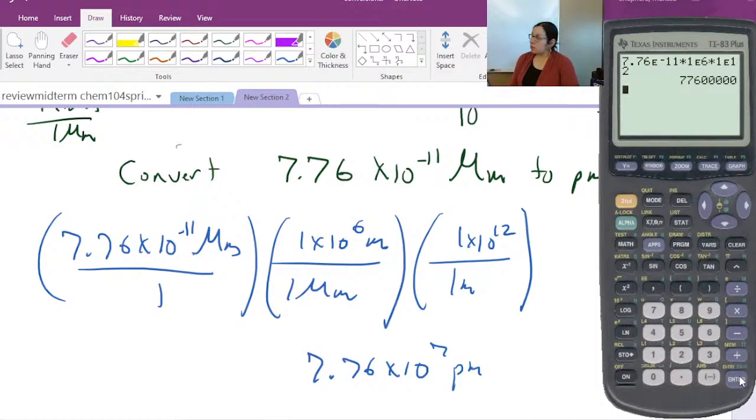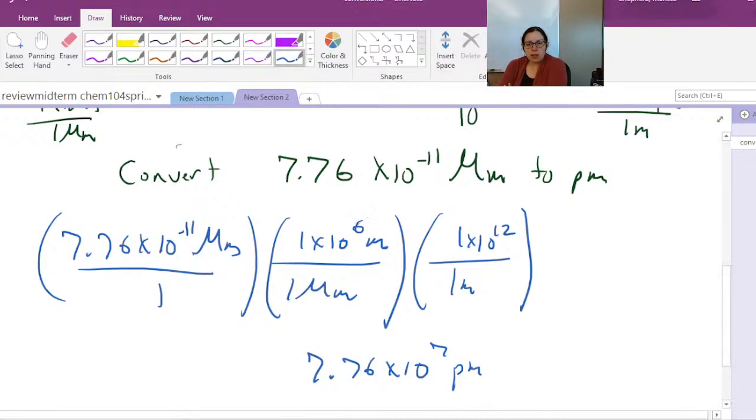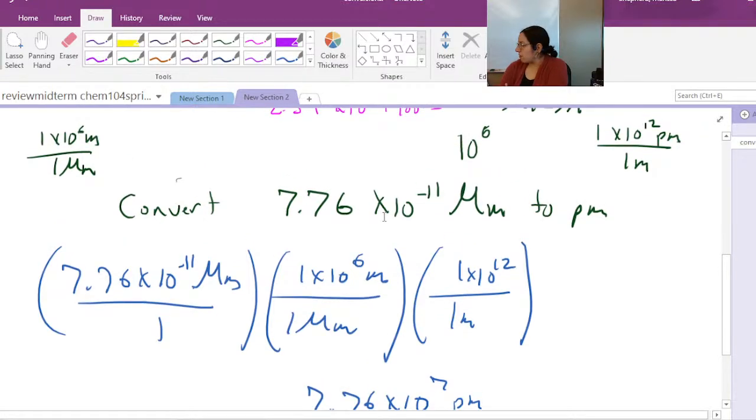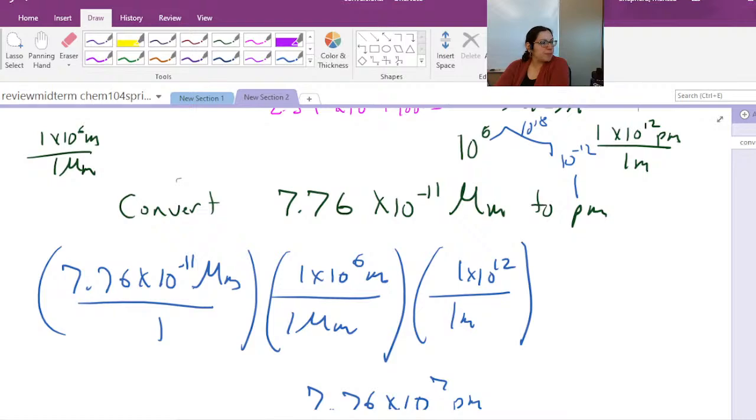And we could also see that we could have done a direct conversion factor, figuring out the difference between those two. So 10 to the 6 and 10 to the 12, that's 10 to the 18 difference, so that comes out as well. But again, less intuitive than our two-step method.